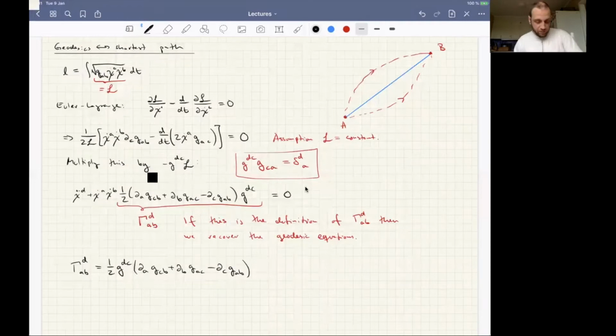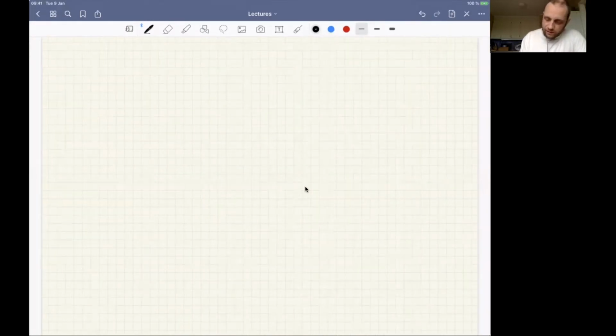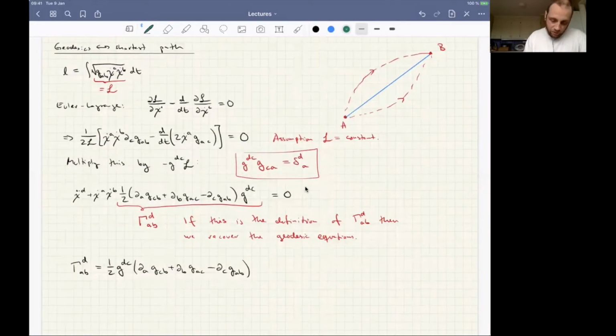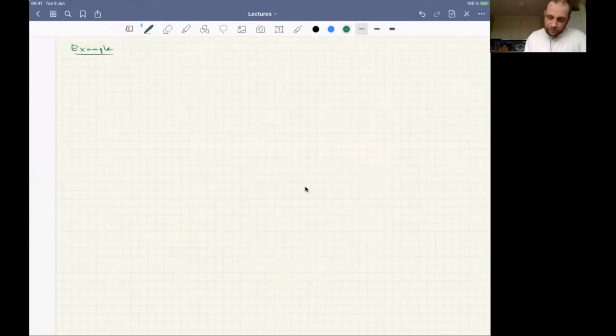It's computable if you have the metric, but it's not very practical. Instead, if you really want to compute these Christoffel symbols, it's typically better to do it exactly in the way we did when we derived this. So we use this variational calculus.